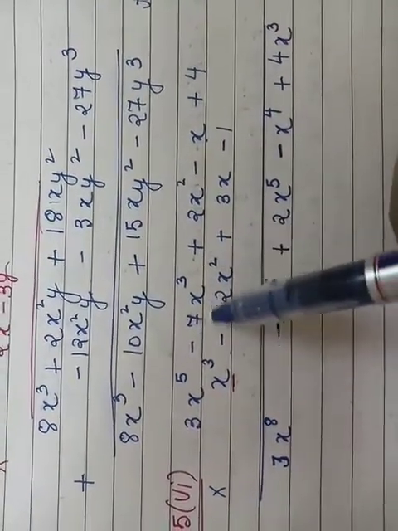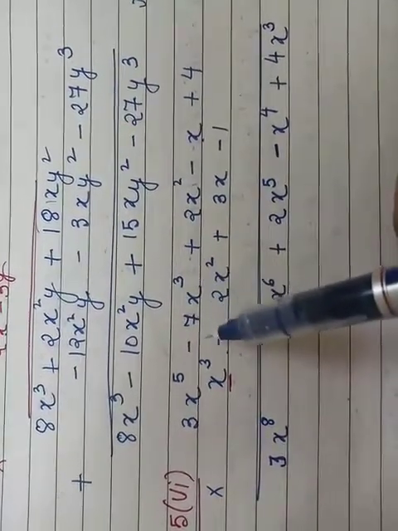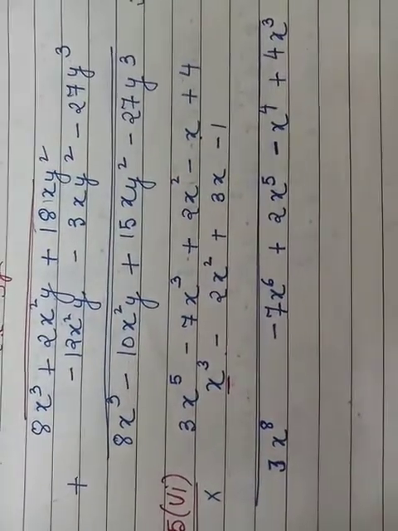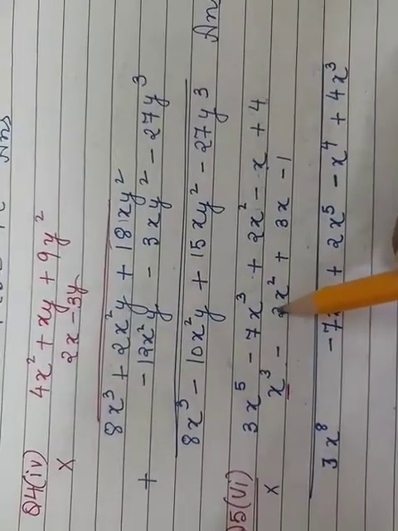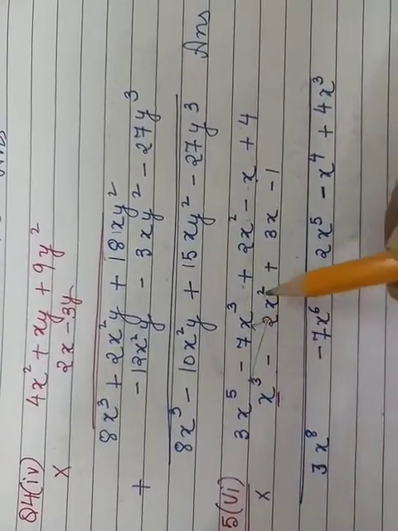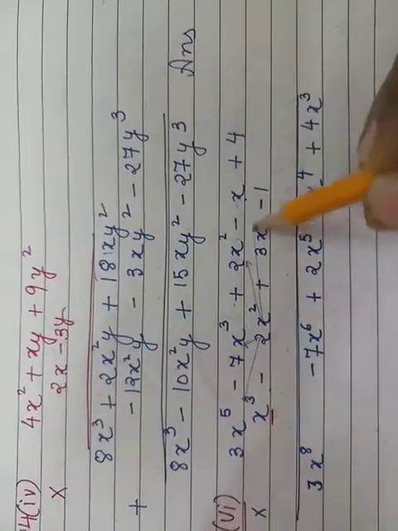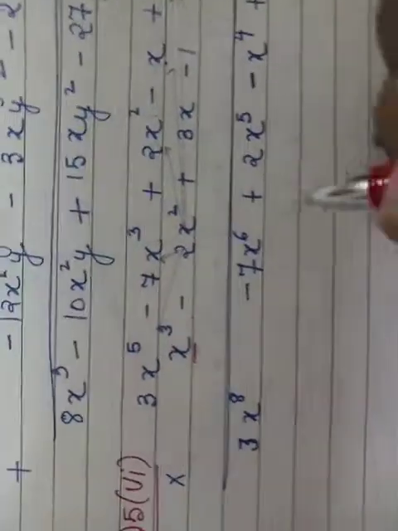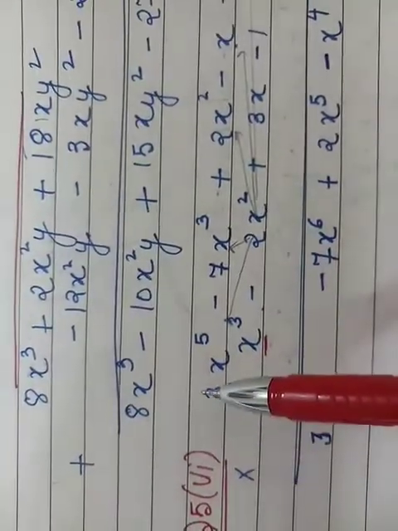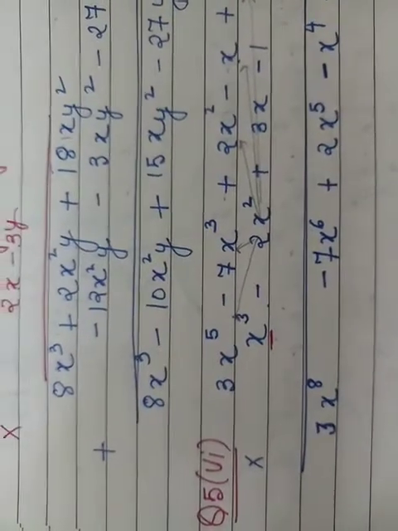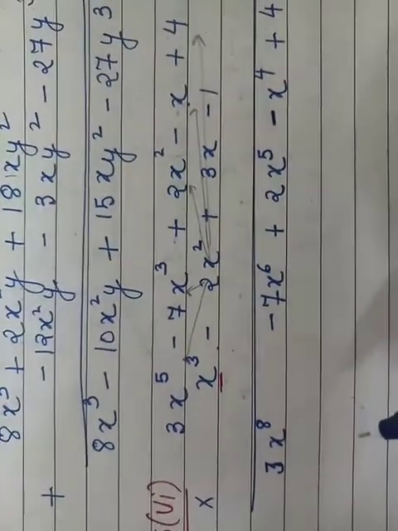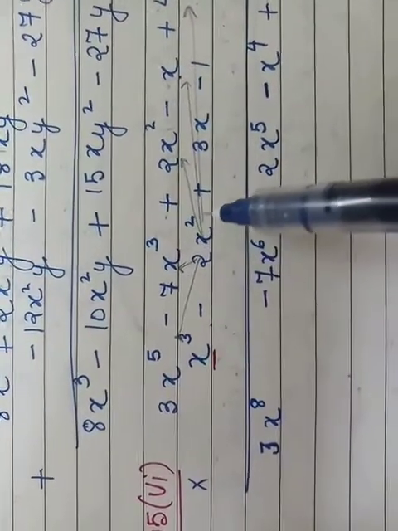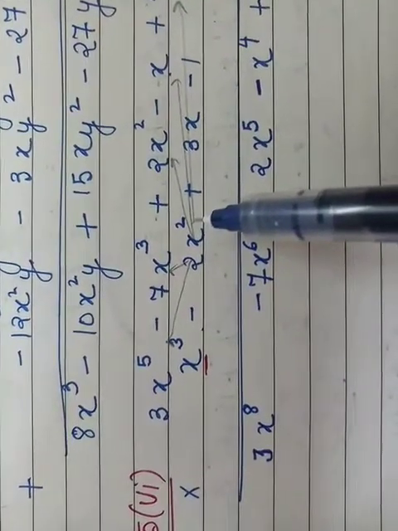Then it comes a chance of minus 2x square to be multiplied with all the terms in the above expression. So we are multiplying with 2 with this, and all. So what we get? This is minus, this is plus, plus minus will give you minus. 2 3s is 6, x to the power 5 and x to the power 2 will give you x to the power 7.